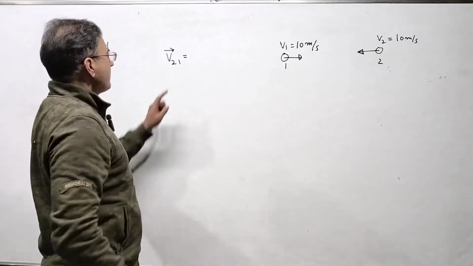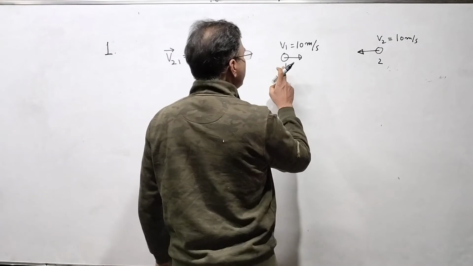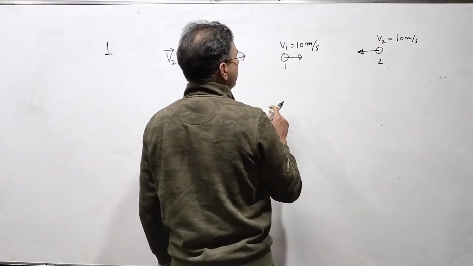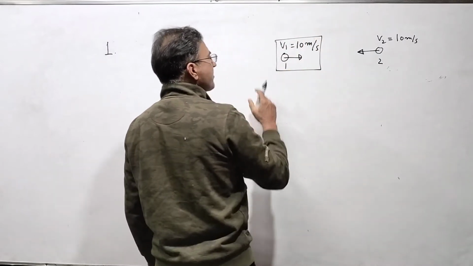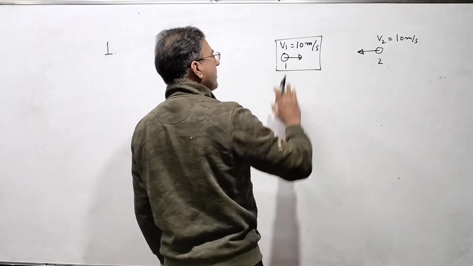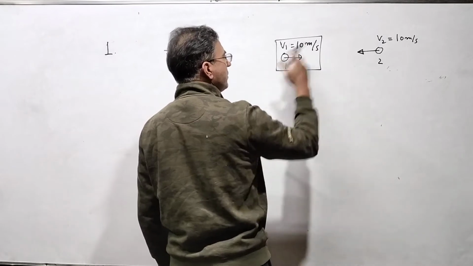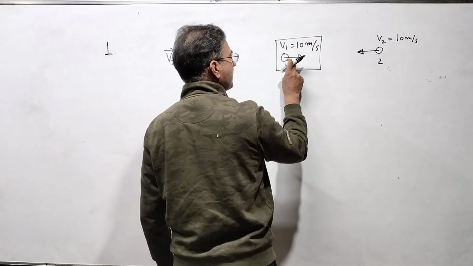Who is the observer? The observer is the first particle. This observer, who observes the velocity of the second particle, transfers his velocity to this object, in the opposite direction, opposite to this velocity.